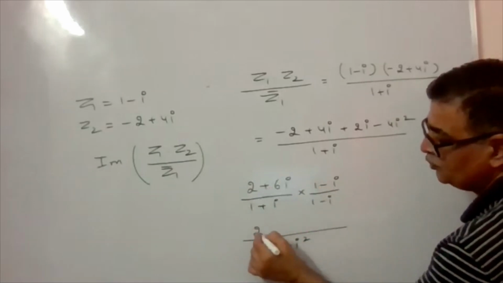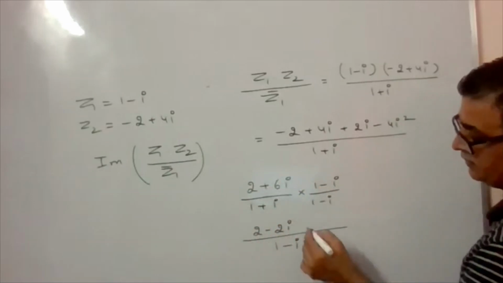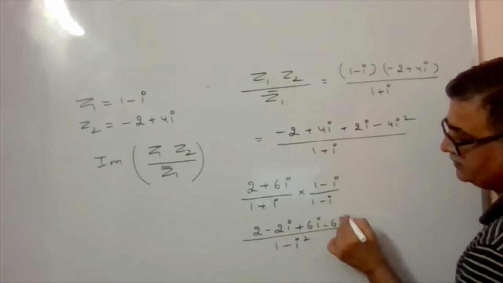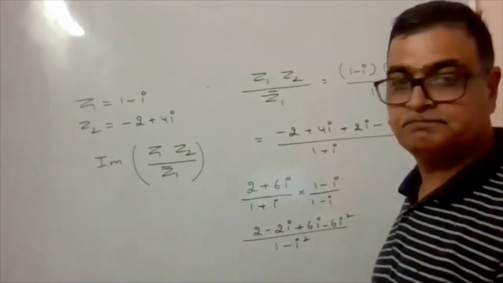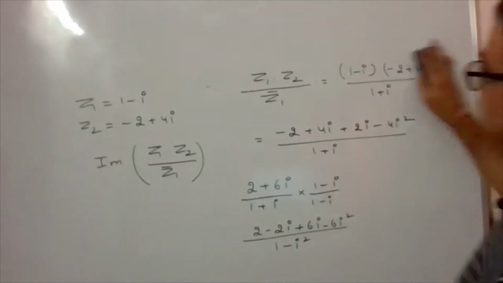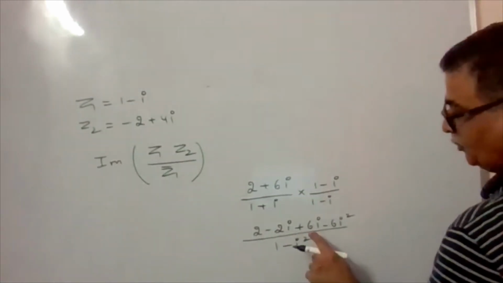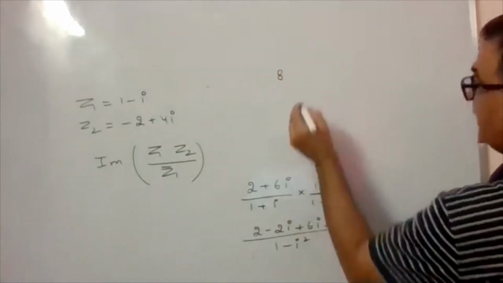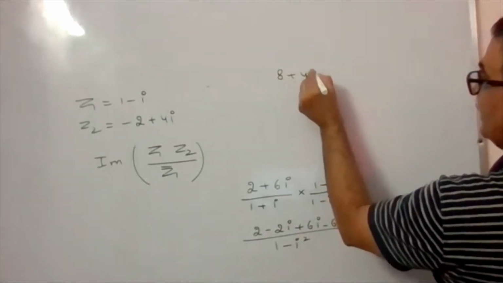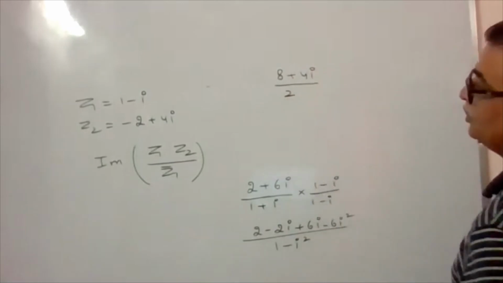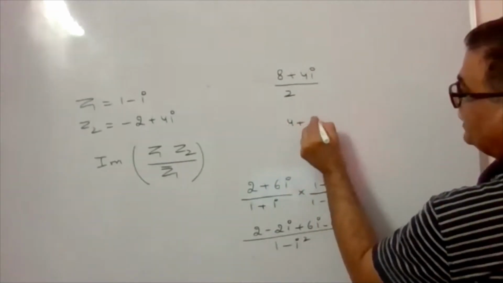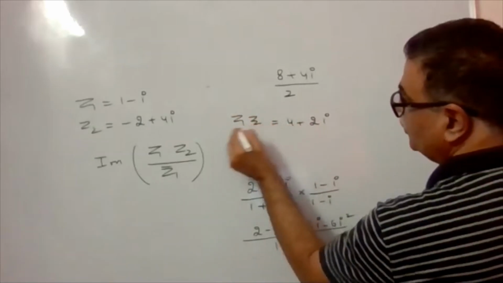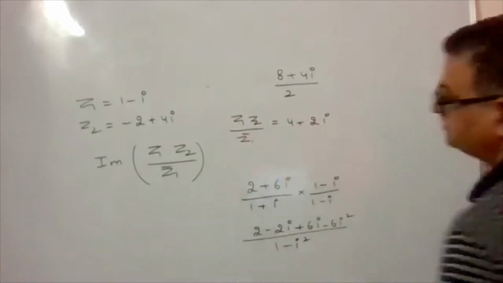This will come 2 minus 2 iota, then plus of 6 iota, and then minus 6 iota square. When you solve it now, it will come out to be plus 6 now, so 8 plus of 4 iota by 2. Or I should say 4 plus 2 iota is the value of Z1, Z2 by Z1 bar.